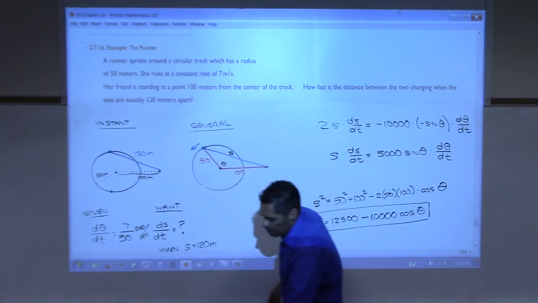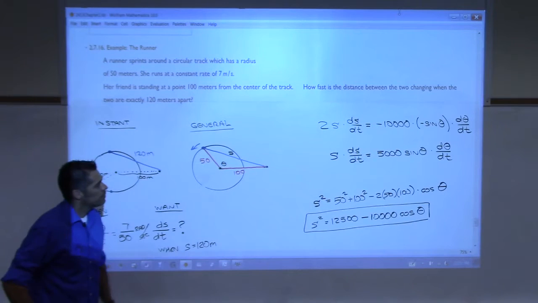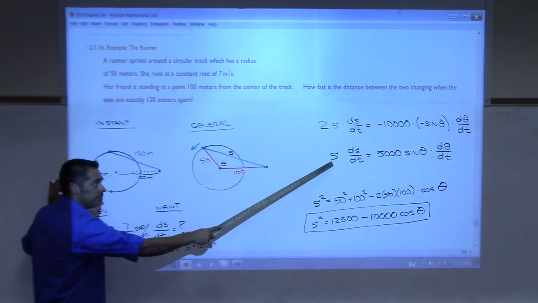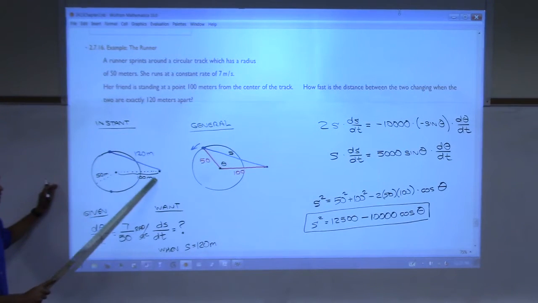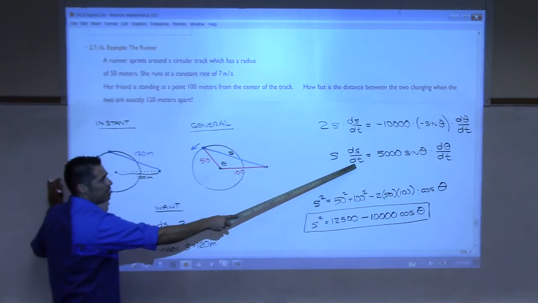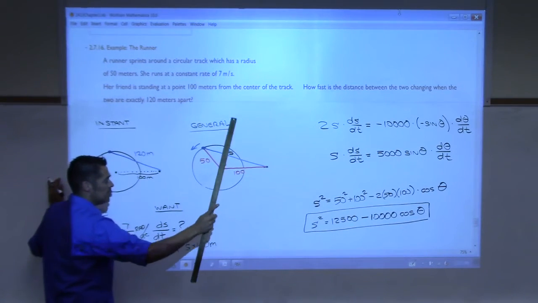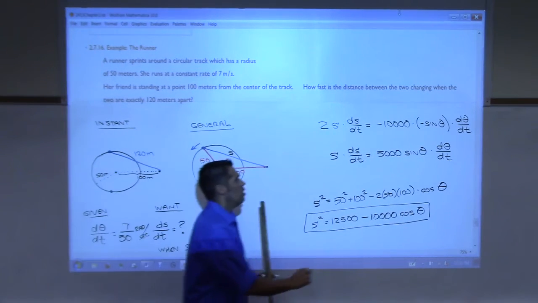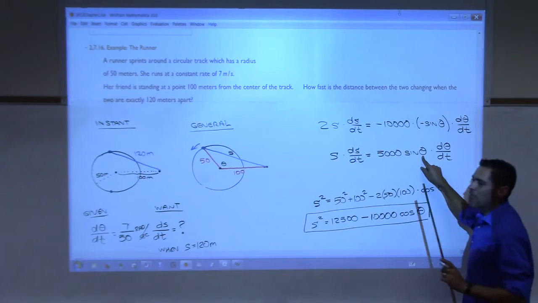And we look at that and we analyze. Do we know what s is at the moment in time? Yes, 120, right? That was right here. ds/dt, do we know that? No, but that's what we want. Do we know what theta is at the moment in time?